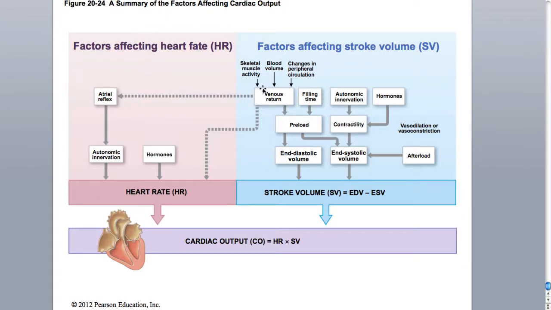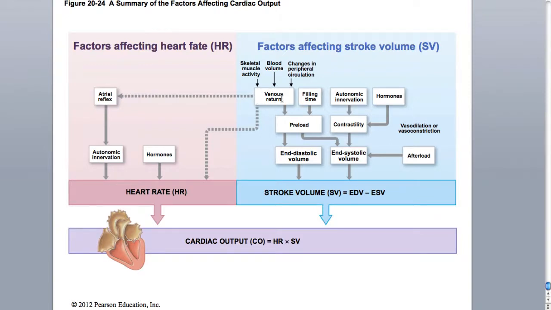Now I'm going to go over starting this block right here. And we're going to add a little scenario to it. So let's say I'm a couch potato. If I'm a couch potato, what's going to happen? Skeletal muscle activity will drop. Okay? So I'll have less muscle activity. That means I have less blood coming back to the heart.